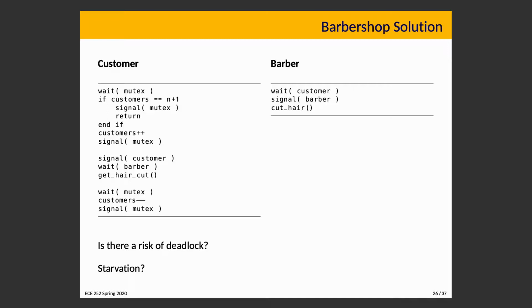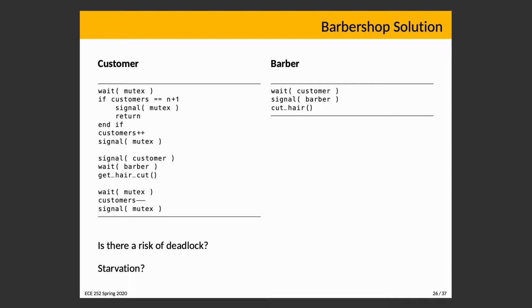Okay, so one of the things we should observe is there isn't the nested wait pattern that we're used to. That's a good sign, but not enough for us to say, well, I'm sure this could never happen. So let's take a look. If the barber gets blocked, it's because the barber is blocked on waiting for a customer.